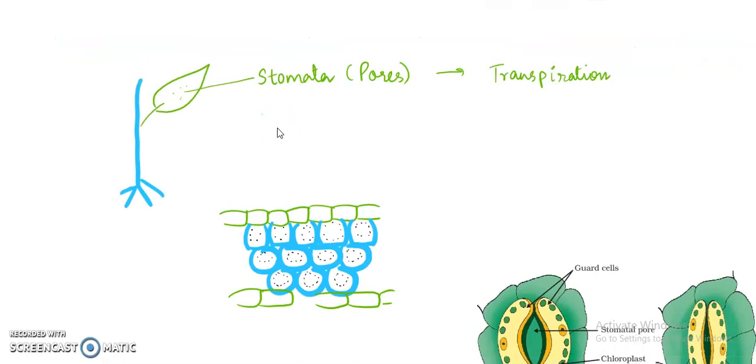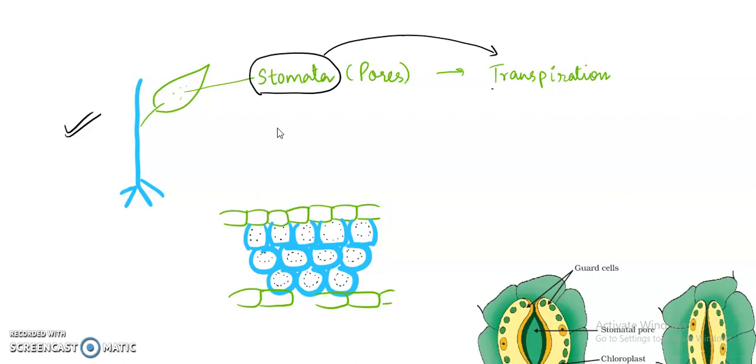This is the diagram that I have made for you. This is an illustration showing a plant with a leaf. Now we have to talk about where this CO2 is coming from. The leaf, the green areas, have pores on them, forming a structure known as the stomata. So what is the function of stomata?